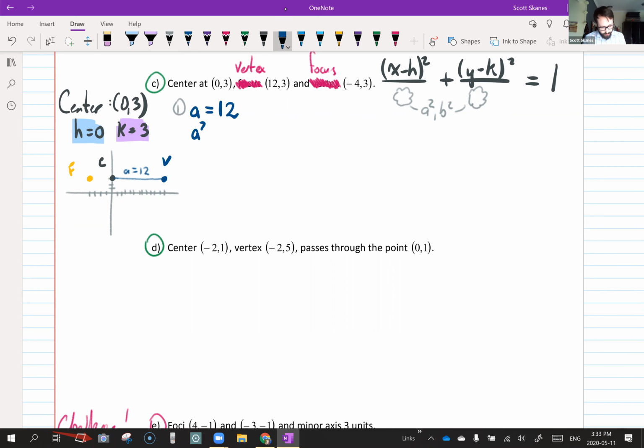That means A squared is 144. By the way, we know what formula we're trying to match this with now. We know that because the focus and the vertex are in this direction, we know that because of our sketch, A squared must be here, and B squared must be here. Okay, you can hopefully see how all this stuff is connected.